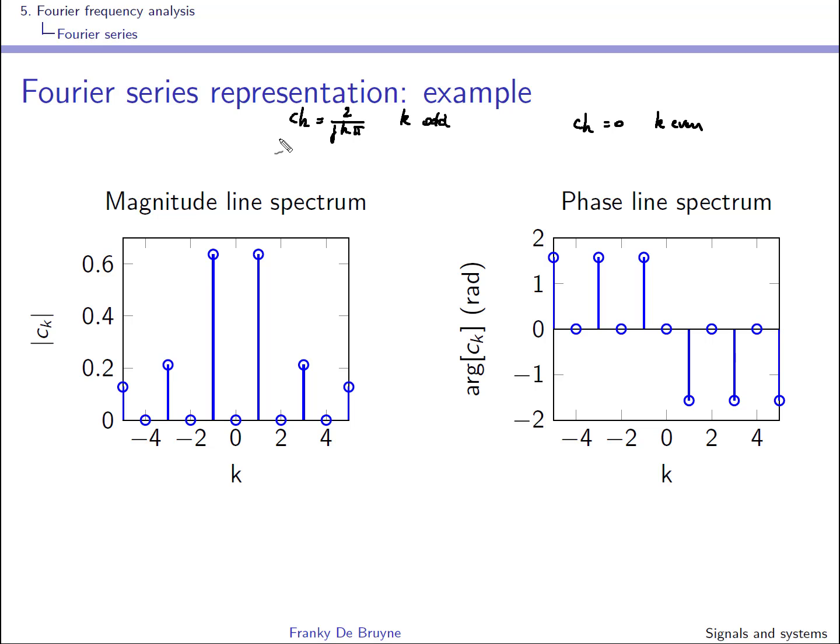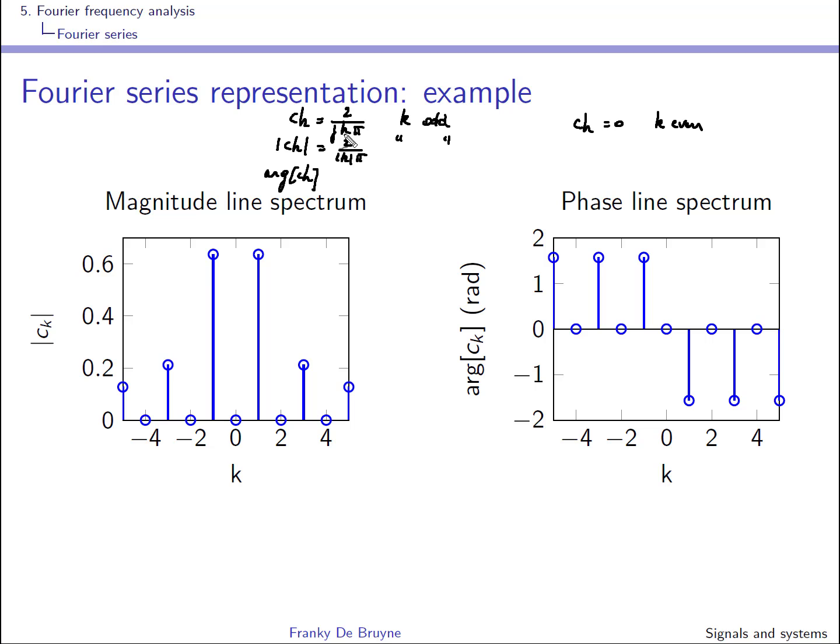Okay, so we can have a look now at the modulus of ck, and that's 2 over the absolute value of k pi, for k odd, and we can have a look at the argument of ck.